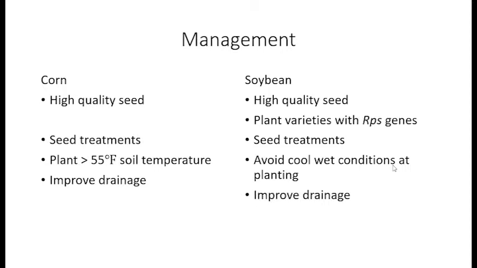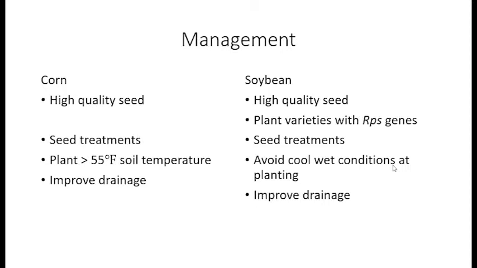The next recommended thing is seed treatments, and I have some data also to show they work very well, especially if we have several active ingredients. There's also an issue about the temperature. Planting corn above 55 Fahrenheit soil temperature helps significantly if you're having issues with seedling diseases. The same goes for soybeans.